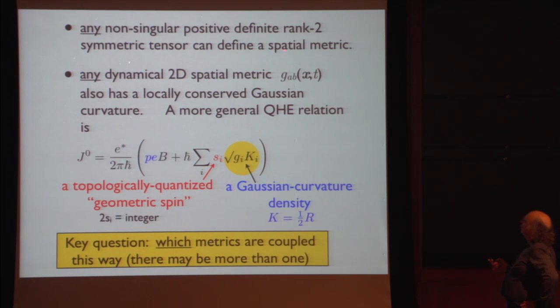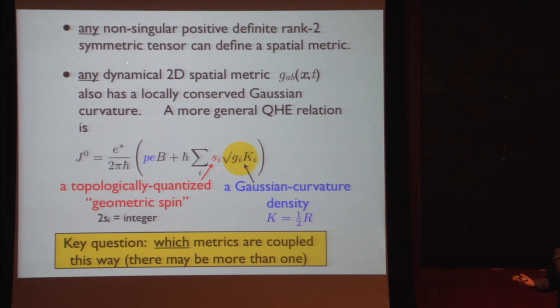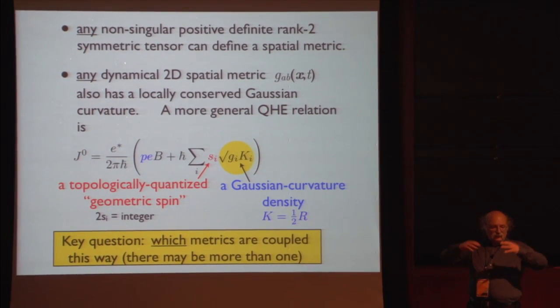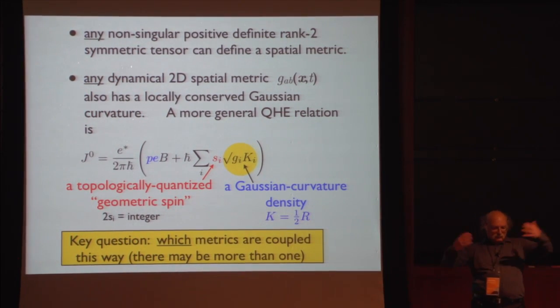But I'm going to be interested in the metric. And the basic point I'm making is that any non-singular positive definite tensor of rank 2 can define a spatial metric. So we don't immediately know a priori what the metric is. And in fact, all such metrics which are non-singularly related will have the same Gauss-Bonnet sum rule when they are integrated over a closed manifold.